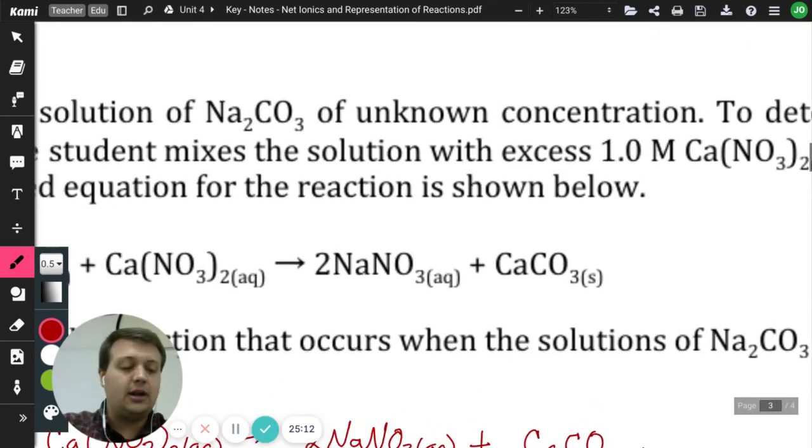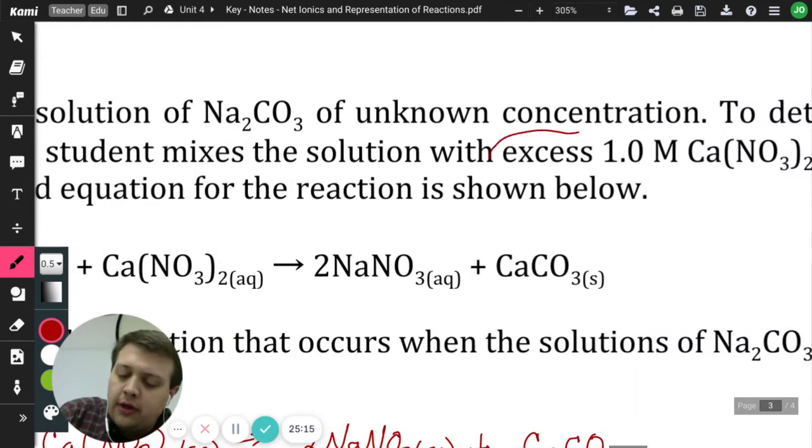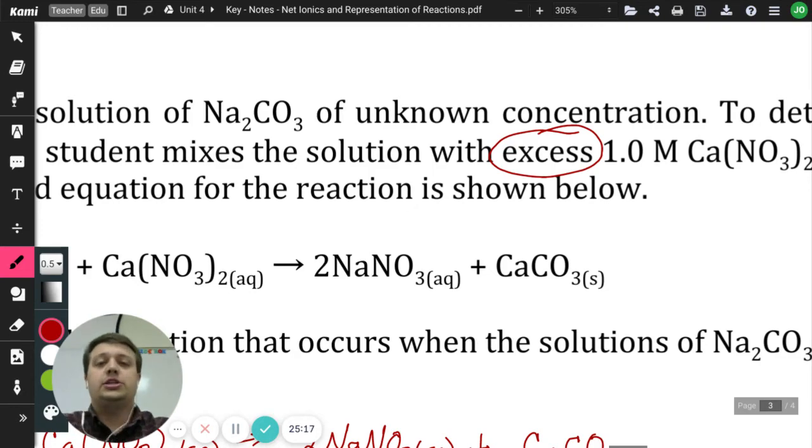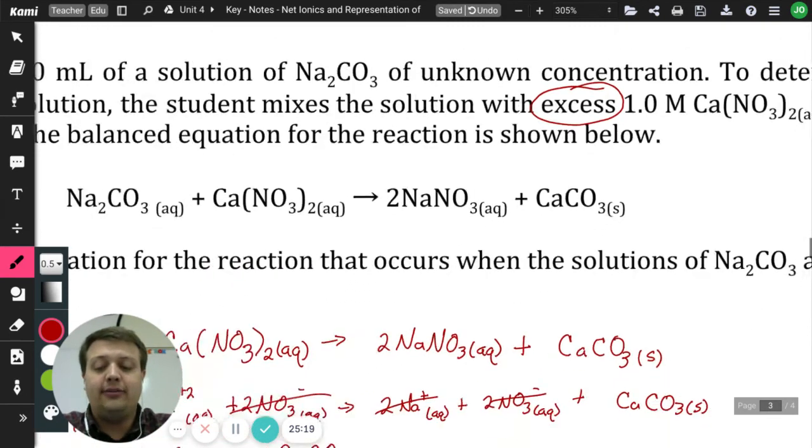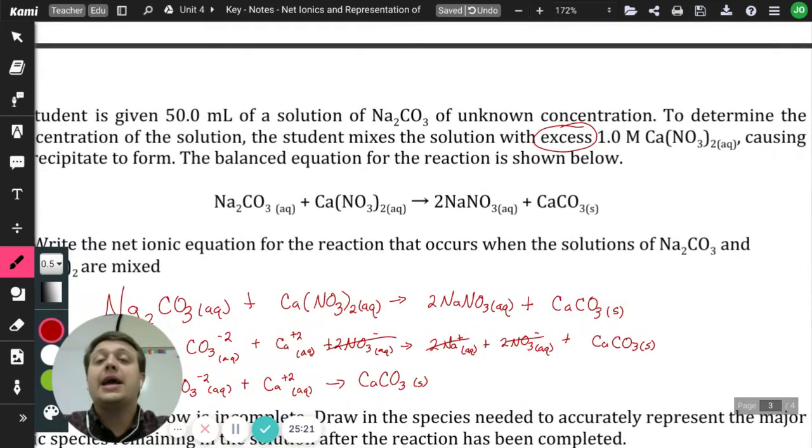Now, I will say here is a big word that they told us in relation to this. Okay, excess. Now, excess means what? Excess means that we do not run out of this. So we're going to have extra than what we would actually need for this reaction to occur, to use up all of the sodium carbonate.